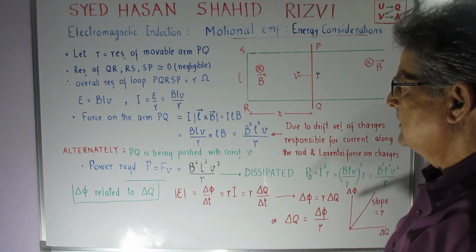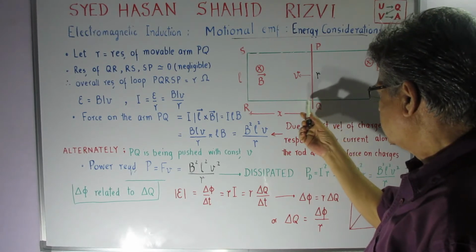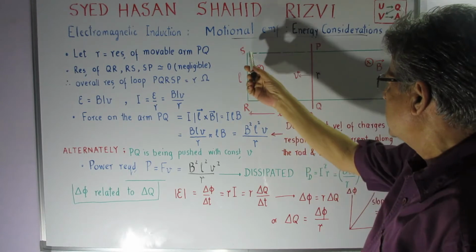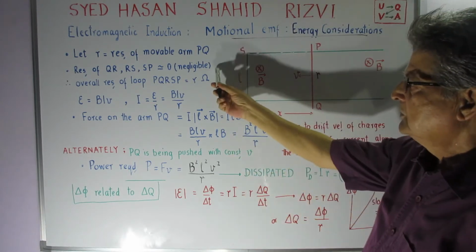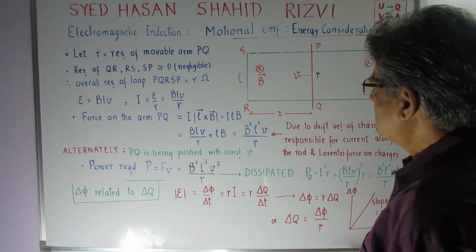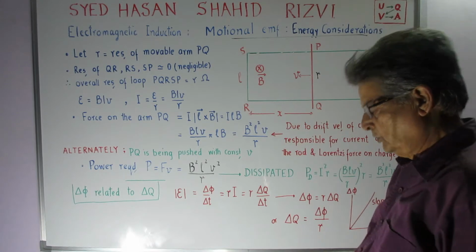Let us also consider that the parts of the rail Q R, R S and S P have zero or negligible resistance. So the overall resistance of this loop becomes equal to small r ohms.